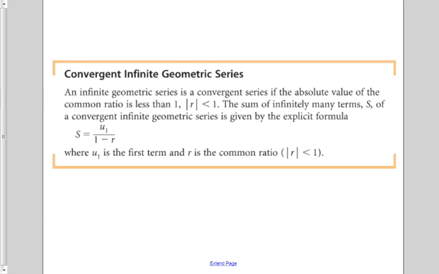Numerically, the absolute value of our common ratio r must be less than 1. The sum of infinitely many terms S of a convergent infinite geometric series is given by the explicit formula S equals u1, where u1 is the first term, divided by 1 minus r, where r is the common ratio. And since we're subtracting r from 1, it makes sense that the absolute value of r must be less than 1.